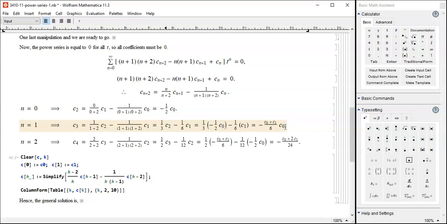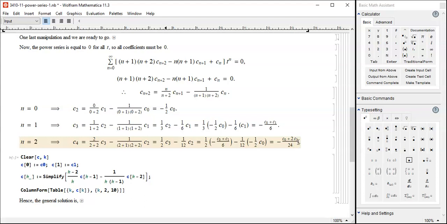Something is not right. This C0, yeah, not there. Oh, it's already there, so okay, this is right. And then plug in n equals 2. C4 is determined by C3 and C2. And with some further simplification, we get that. And then you just stop there.